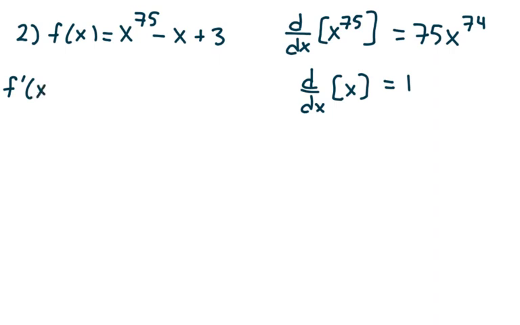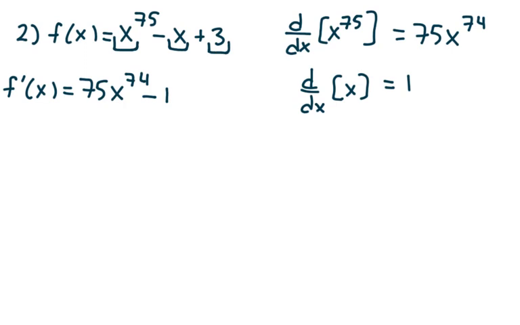Now, I want f prime of x. So we're going to, again, go term by term. The derivative of x to the 75 with respect to x, we get 75x to the 74. The derivative of x with respect to x is 1.